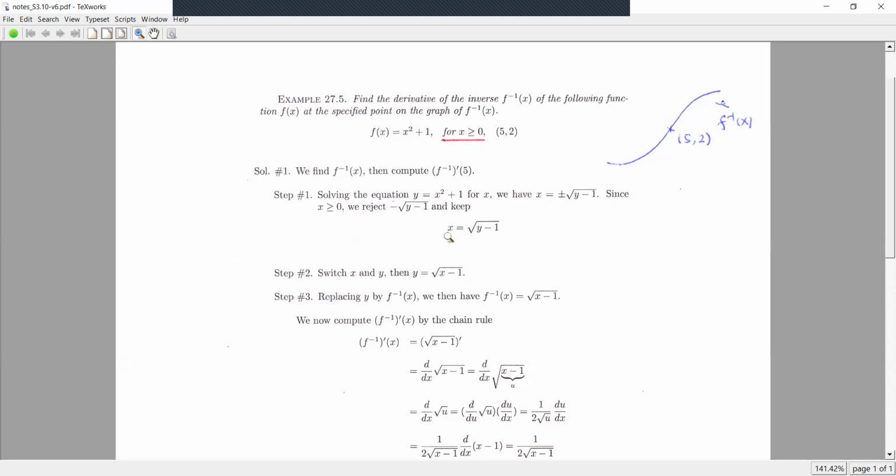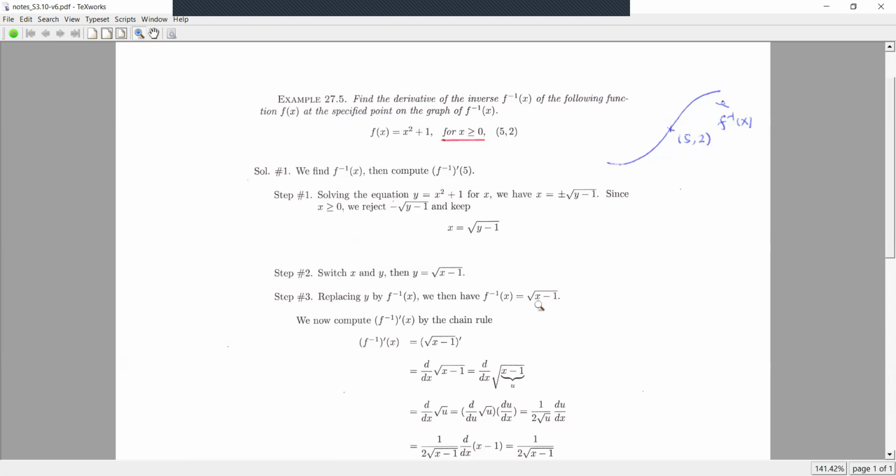Step 2, switch x and y in this equation. Then we have this equation. Step 3, replace the y here by f inverse. Then we have the inverse function is the square root of x minus 1.